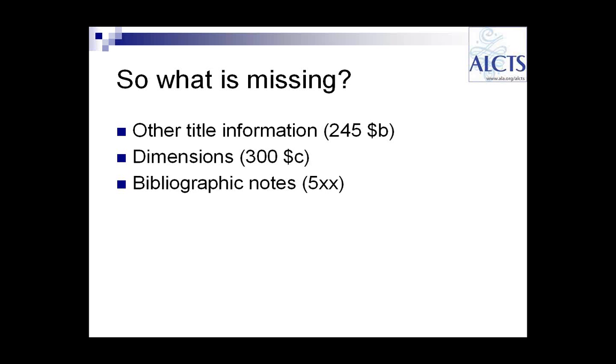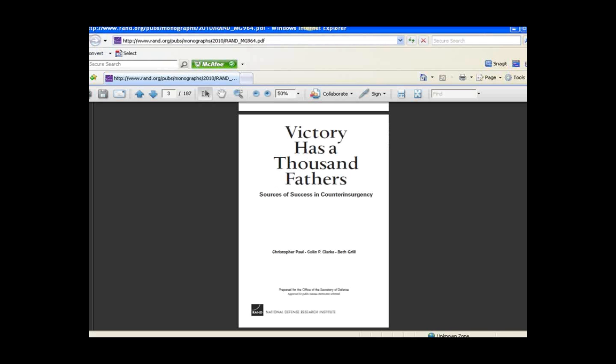But I'm going to show you an example where other title information would definitely be required, because one of the major principles of RDA, one of the international cataloging principles, is the convenience of the user. So I'm showing you an example now of a resource. Victory Has 1,000 Fathers: Sources of Success in Counterinsurgency. Okay, that's one title.